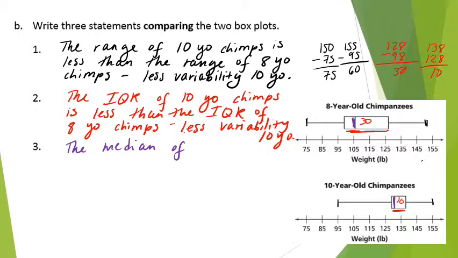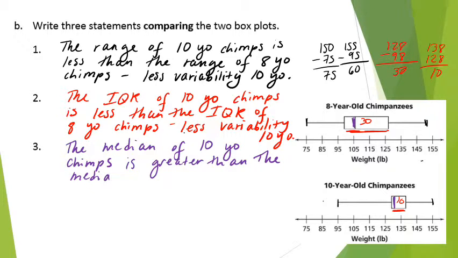of 10-year-old chimps, right, which I can see in this case is around maybe 130, maybe a little bit more than that, is greater than the median of the 8-year-old chimps. And you can see here that's around 105.